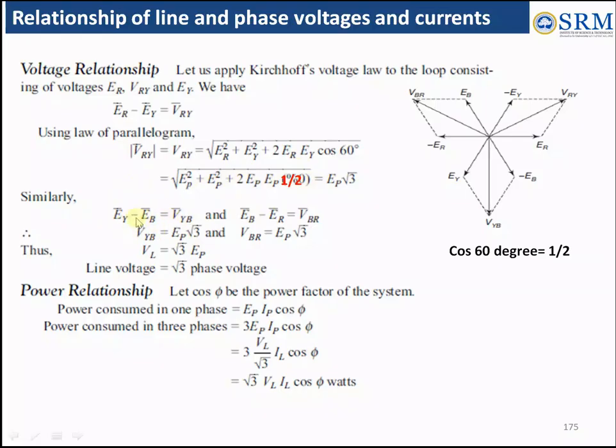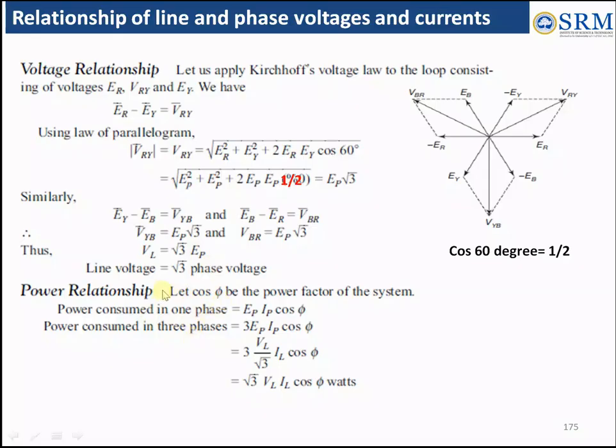Similarly, if we find across the other two terminals also, that is EY minus EB equal to VYB, and EB minus ER is VBR, in that case VYB is equal to root 3 EP. Similarly, VBR equal to root 3 EP. So what implies? These are the line voltages. Line voltage is nothing but root 3 times the phase voltage.